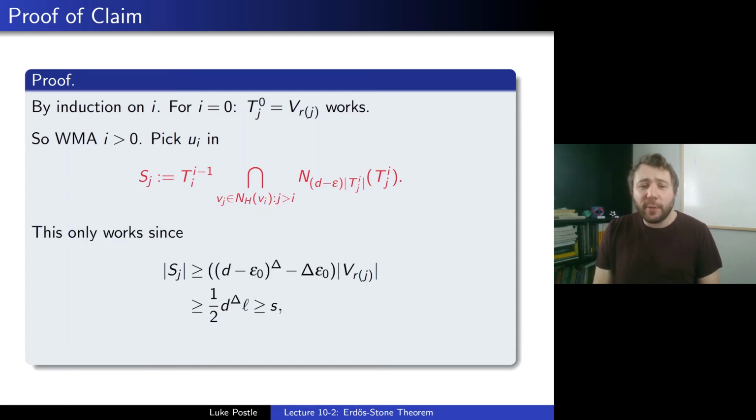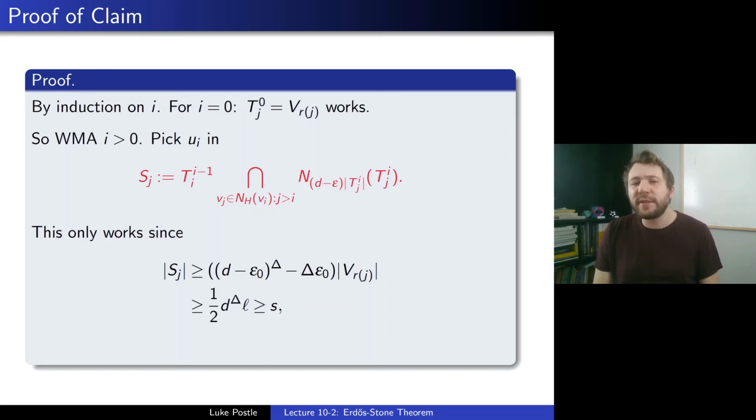And this will only work because if you just do out the math, this set could lose a factor of d minus epsilon for each previous neighbor from condition 3. And when we do this, you could lower bound that by a (d minus epsilon) to the delta, and we could throw out potentially, if it's the first of its neighbors, delta sets of size epsilon.